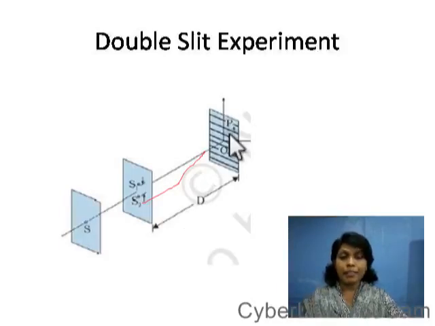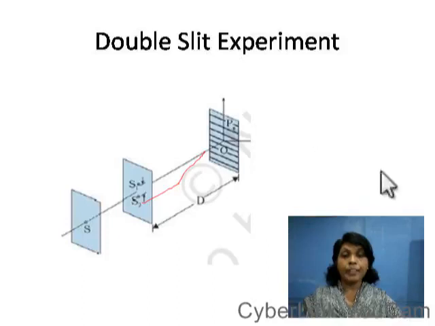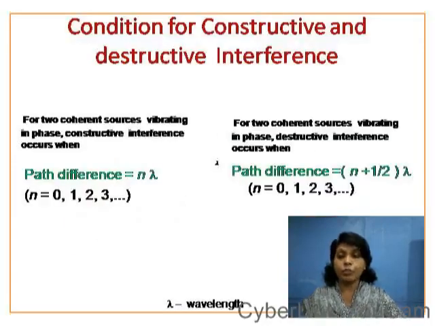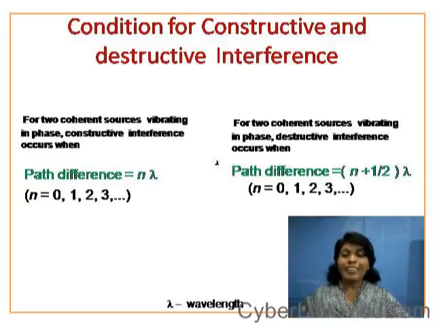How they interfere, constructively or destructively, depends on the condition for interference. There is one more condition for interference in the form of path difference also. We can state the condition for interference of waves.